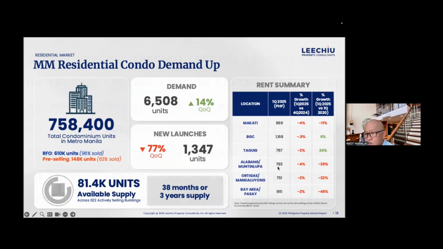See, this is the reason why we have the biggest vacancy, and we all know why. You know, the Pogo offices moved there, and together with the Pogo offices, of course, was the demand for residential.